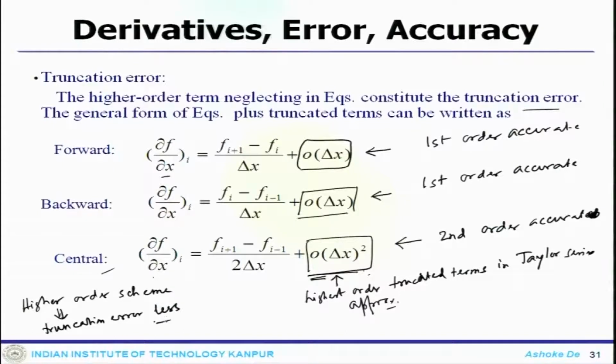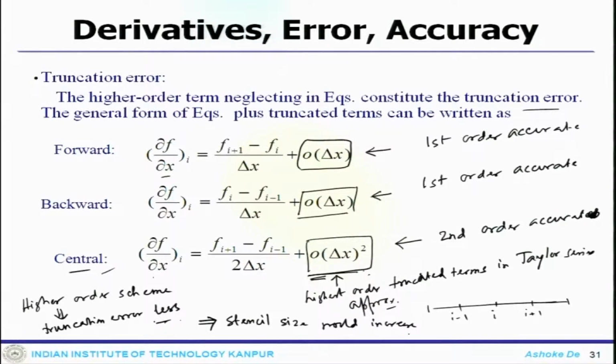But at the same time, one has to note that as you move to higher order, the number of points required to find a derivative will also be more. Like if you look at the central scheme, to just get a first derivative it requires 3 points. If you go to higher order accuracy, it will require more points. So, the stencil size would also increase.